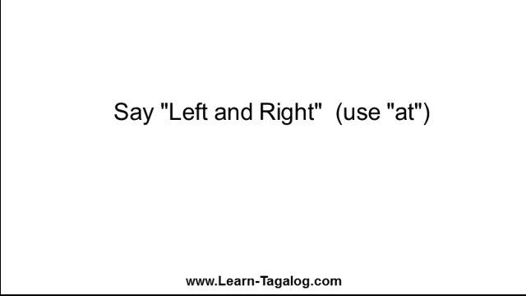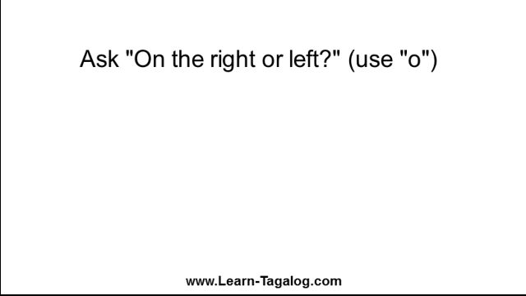Say left and right. And we're going to use the word at for and. Okay? Left and right. Remember the word for left? Kaliwa at kanan. Okay? Ask on the right or left.